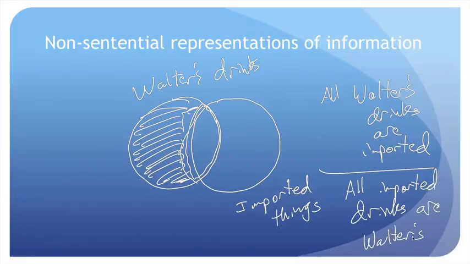Is that argument valid or invalid? Well, if you just look at the sentences, it might not be obvious whether it's valid or invalid. But if you look at the Venn diagram, you can see quite clearly that this argument is invalid.